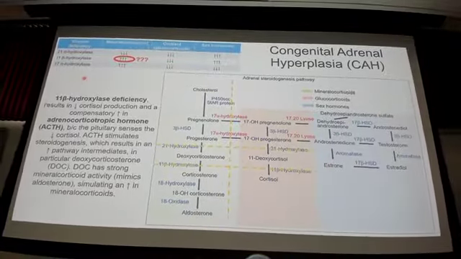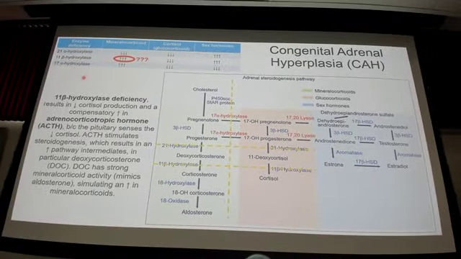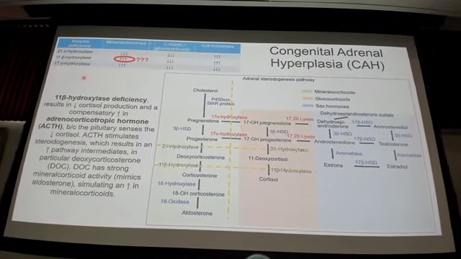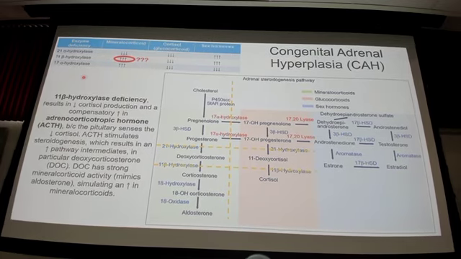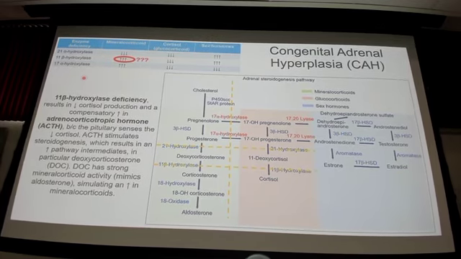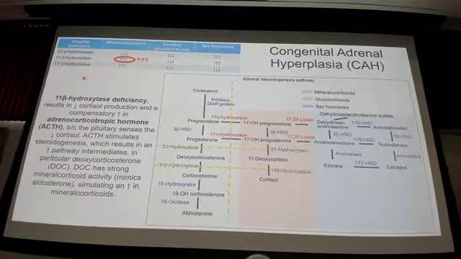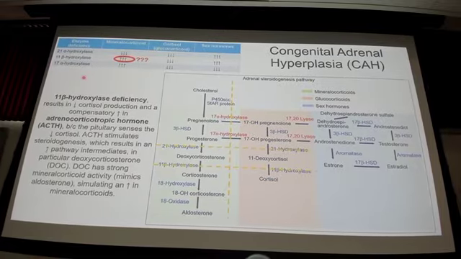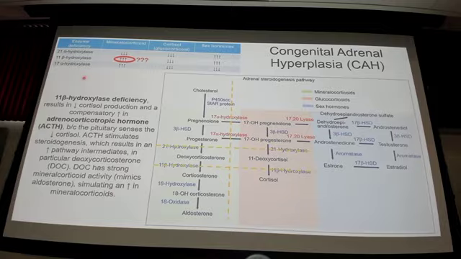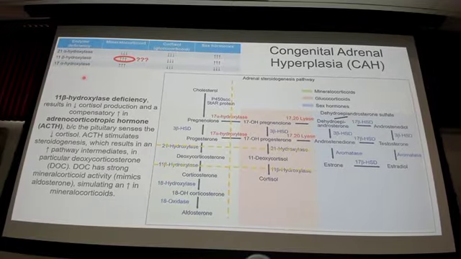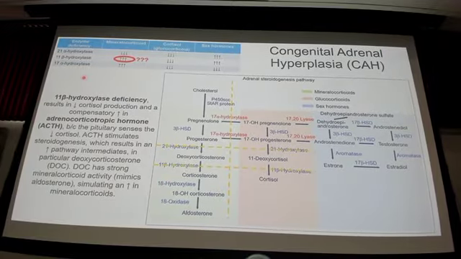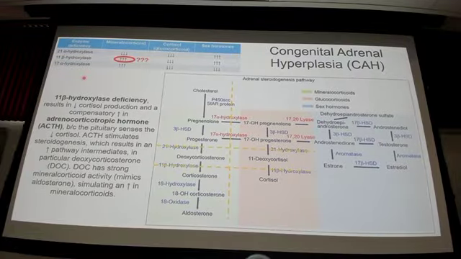Yeah, that makes sense. I was just saying that we can't produce cortisol, so this hormone is going to stimulate the increase of this pathway here, and you're going to have intermediates of all of this. This intermediate is almost as active as aldosterone. So that's why you have that paradoxical increase in mineralocorticoids. Does that make sense?